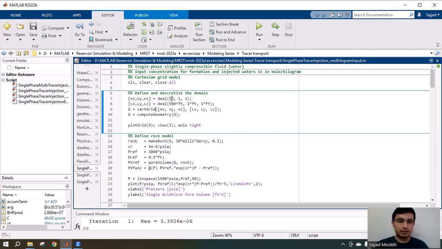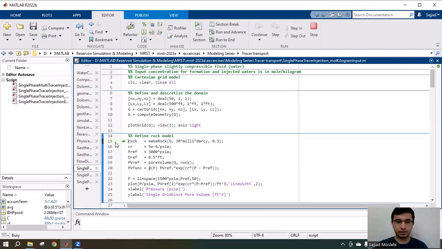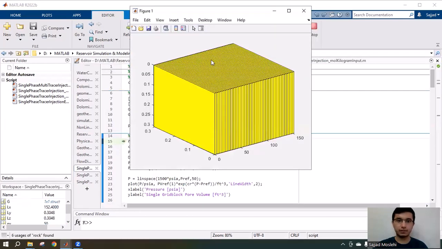And as you see, this domain is one-dimensional. It is only discretized in the x direction. And now it's time to see the grid. All right. This is the grid that we have, only discretized in the x direction. 50 cells, the total number of cells.